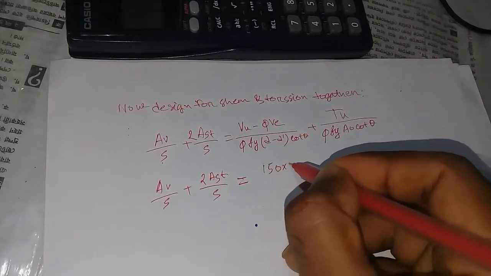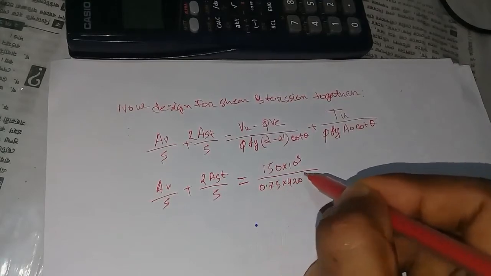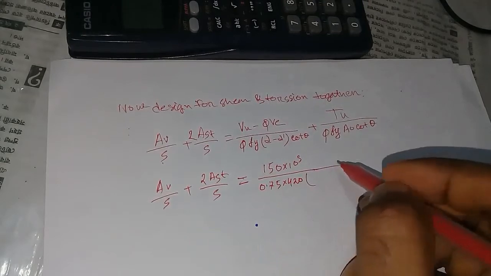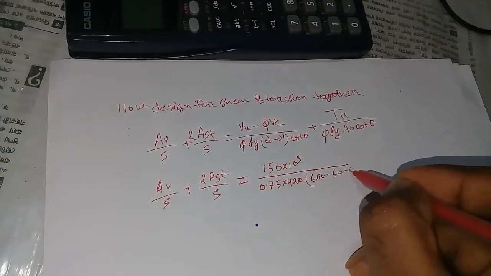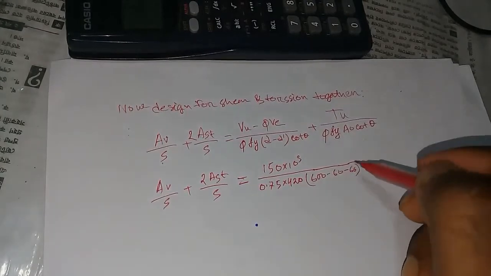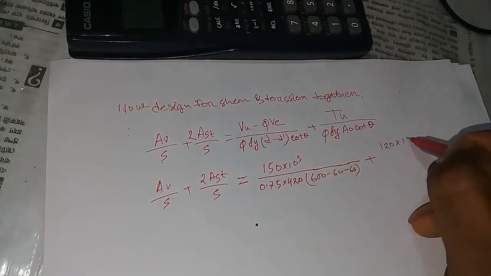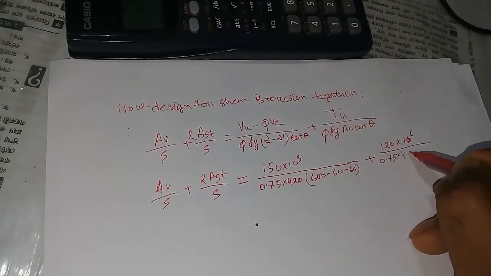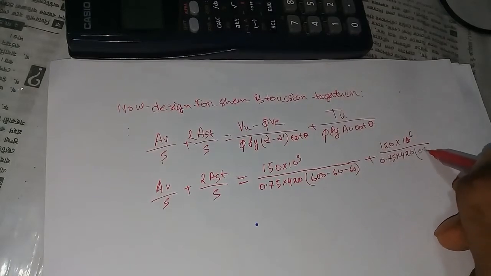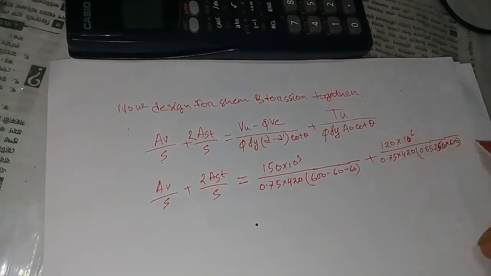So 150 into 10 to the power 3 divided by 0.75 into 420 into (d minus d prime), d means 600 minus 60 also 60, that is both side cover, and cot 45 degree means 1, plus Tu 120 into 10 to the power 6 divided by 0.75 into 420 into A naught, 0.85 into 250 into 600, and cot 45 degree also 1.